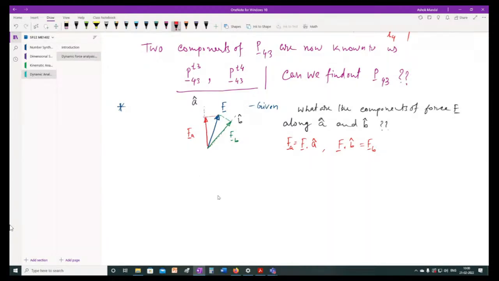Now let us think about the reverse problem. Suppose the component of the same force along one direction, Fa, is known to you, and the component of the same force along another direction, Fb, is known to you.